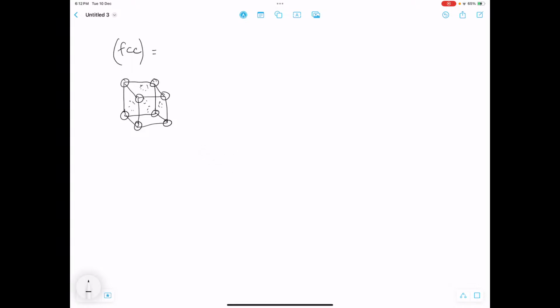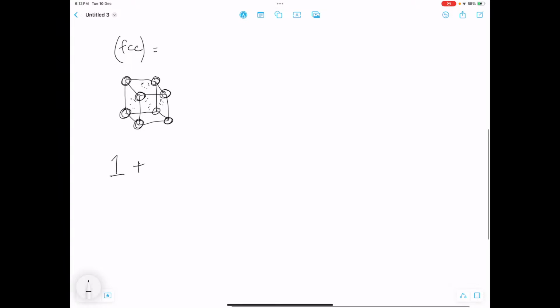The corner atoms are shared with other neighboring cubes, and as we learned, even in SCC they make up one whole atom. So 1 plus, now there are 6 faces, and each of these face atoms is shared with one more cube.